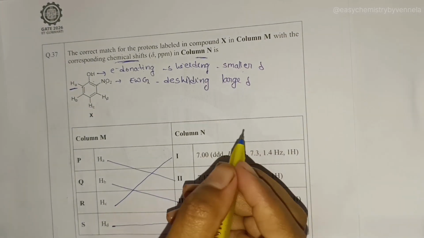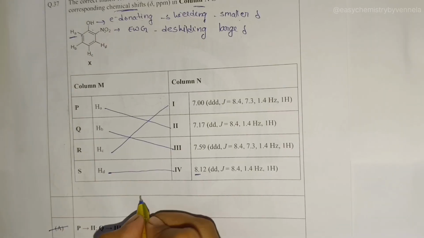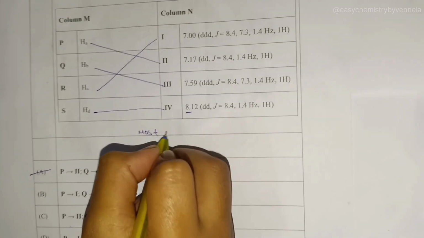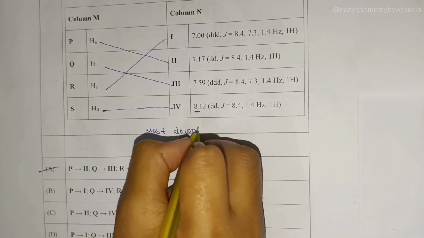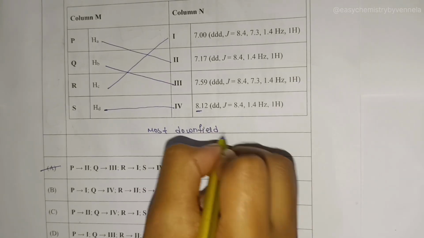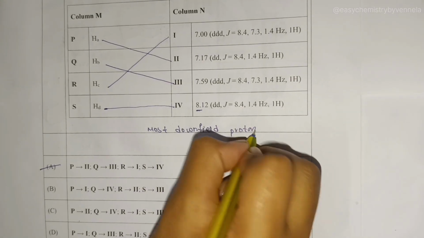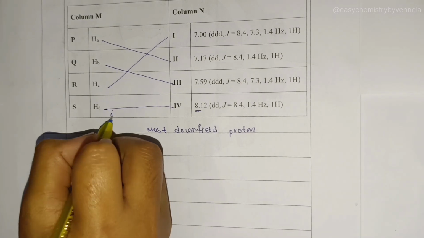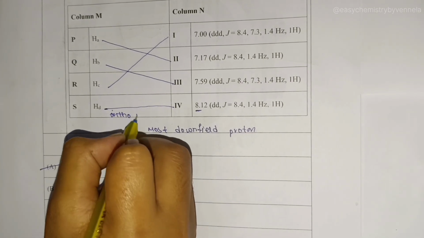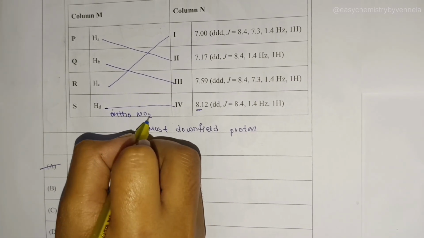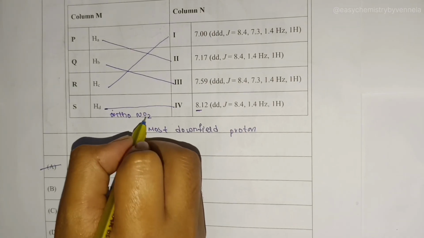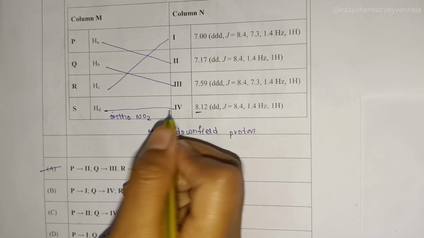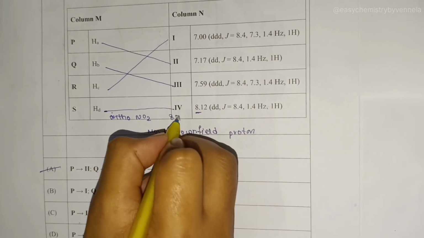Next, first you have to identify the most downfield proton. In this, HD is ortho to NO2. It is strongly de-shielded, so it appears most downfield, almost near 8 ppm.